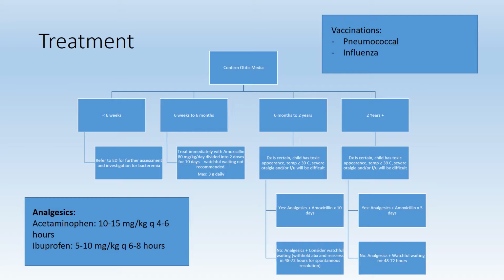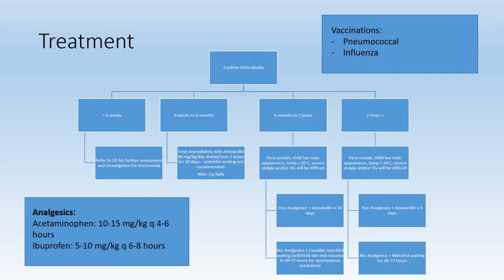And the reason it's a high dose of amoxicillin is that you need a high dose to ensure that a therapeutic dose of the antibiotic reaches the middle ear. Watchful waiting, I should also mention, is not recommended for children who are immunocompromised, who have chronic cardiac or pulmonary disease, anatomic abnormalities of the head and neck, Down syndrome, or a history of complicated otitis media.